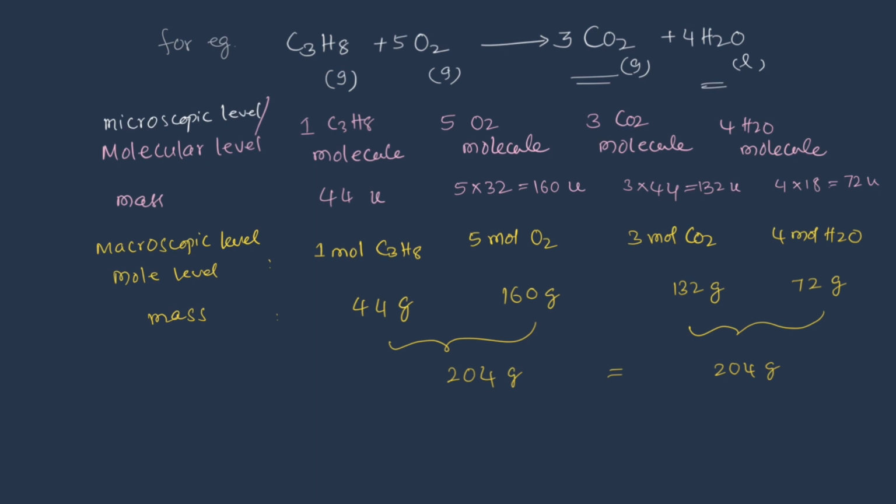So we know the law of conservation of mass, so according to this it is balanced. Now keep in mind, molecule means molecular level is considered, mole means mole level is considered. According to this equation, now keep in mind the molar ratio level meaning. Keep in mind, this is very important now.